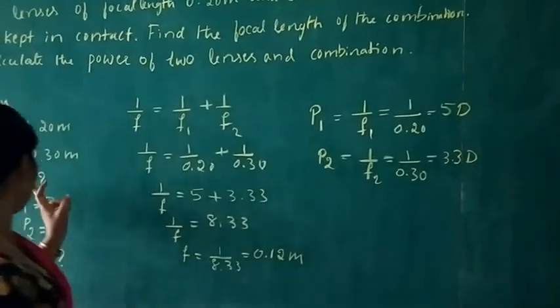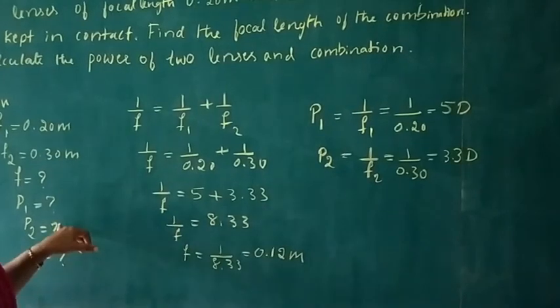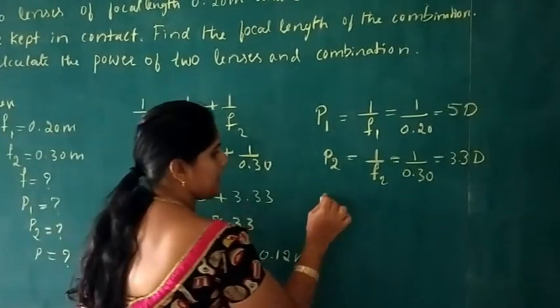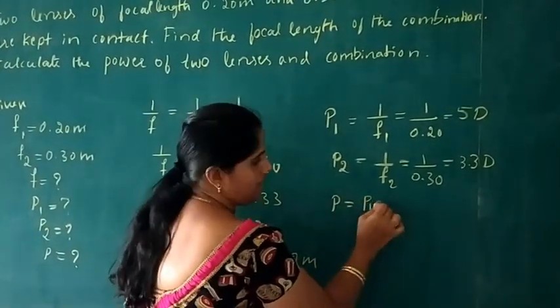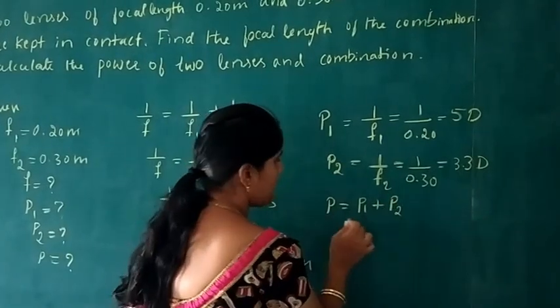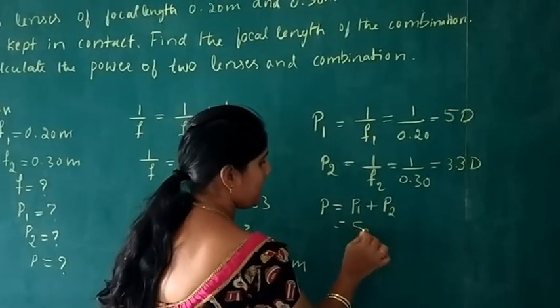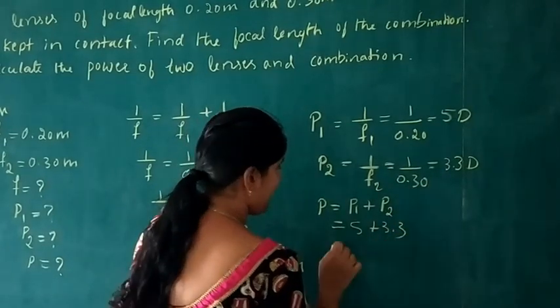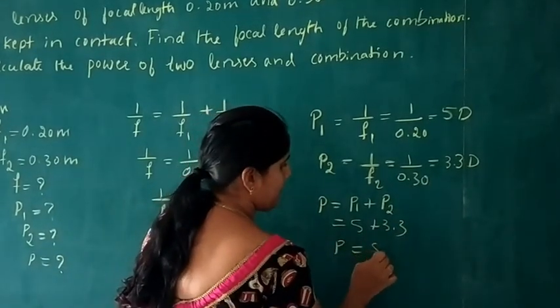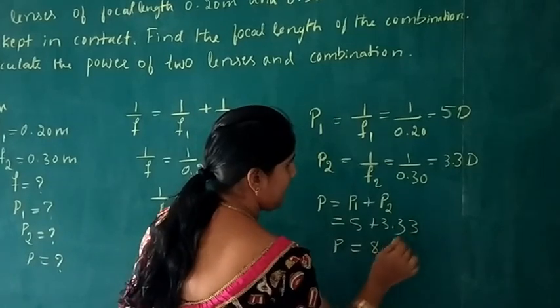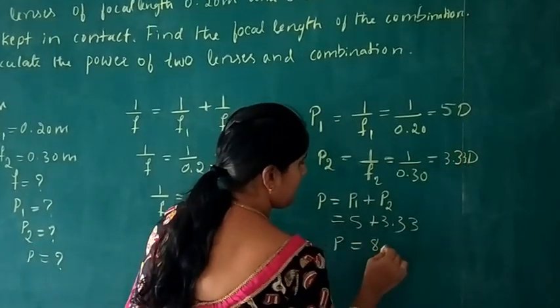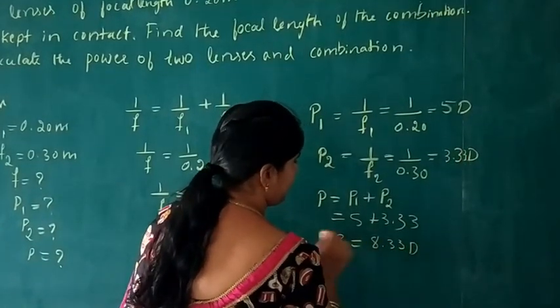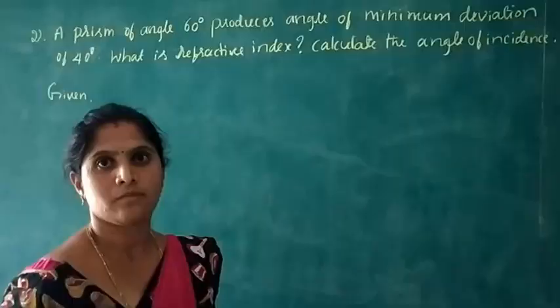We know the formula for total power: P is equal to P1 plus P2. Here P1 is 5 and P2 is 3.33, so you get the total power as 8.33 diopter. This is the total power.